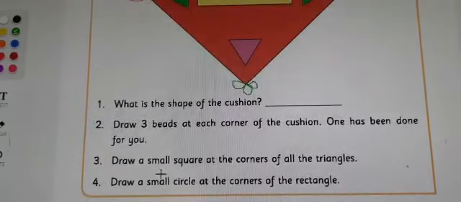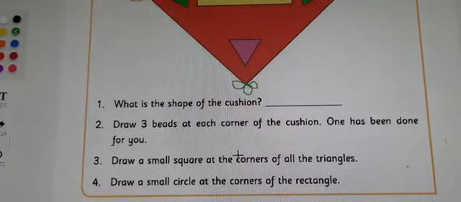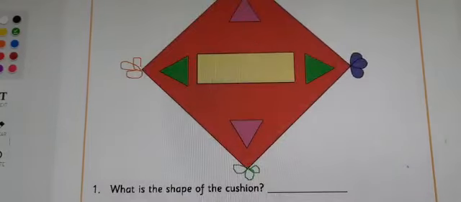Draw a small square at the corners of all the triangles. See how many triangles are there? 4 triangles. In these 4 triangles, corners are there, no? So at all the corners we have to draw a small square. Look here. It's correct. You too please draw along with me.